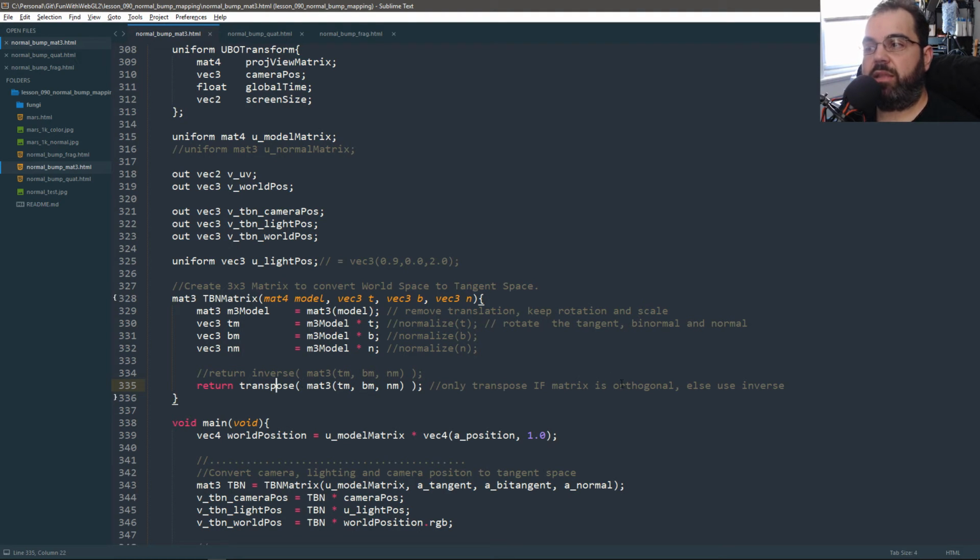If it's not orthogonal, you can then use the inverse function, which does a perfect inverse of whatever the matrix is. It's just that transpose is faster than inverse, but you only get the inverse as a byproduct if everything is orthogonal.